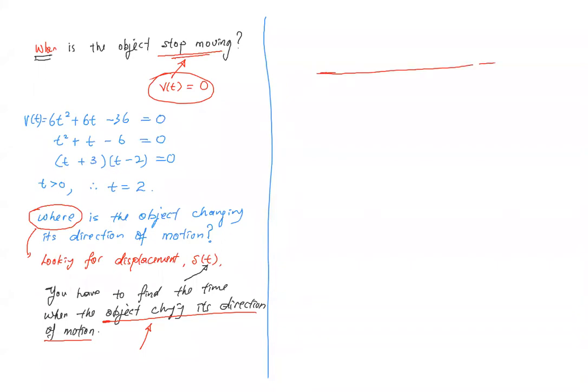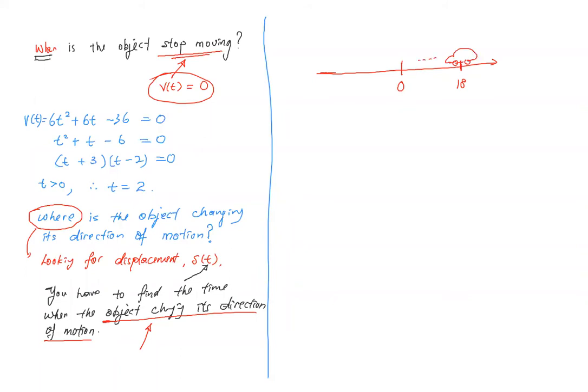So look, just now we have the motion in the straight line. Correct? This is the origin. At the beginning, the particle is here. It is moving to the right, to the left.